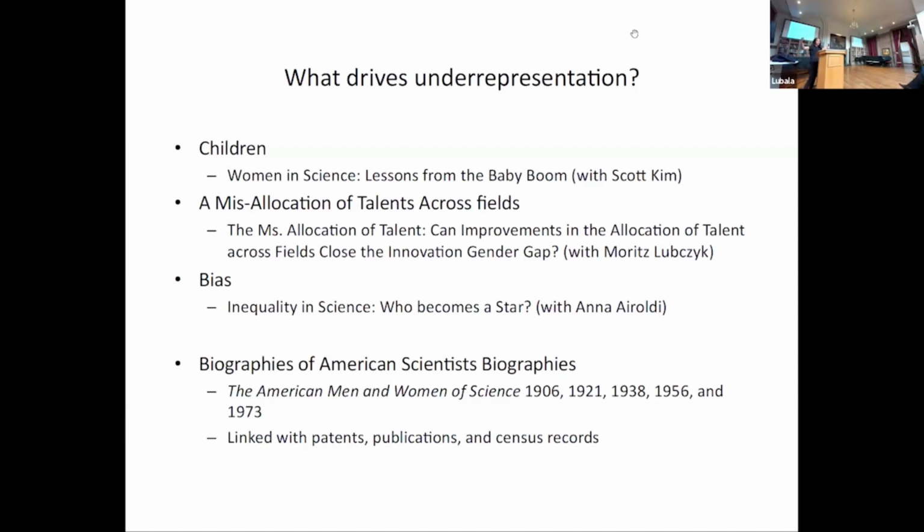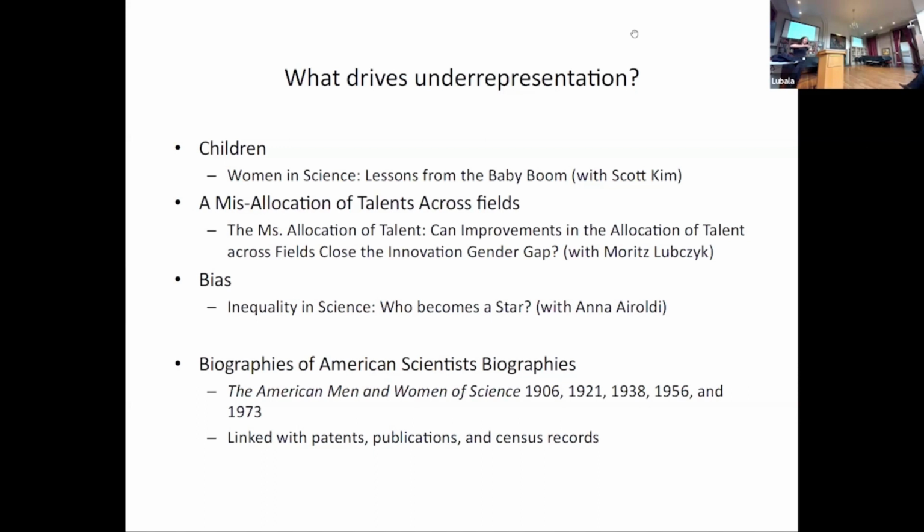We want to look at changes, and because we're applied micro people, I want to exploit exogenous changes over time that allow us to disentangle these different factors. I've been collecting data from American Men of Science for 1906, 1921, 1918, 1956, and 1973. The data I show you today mostly is going to be for 1956.